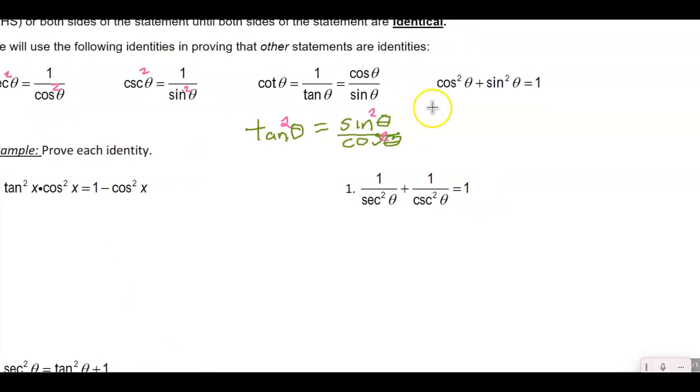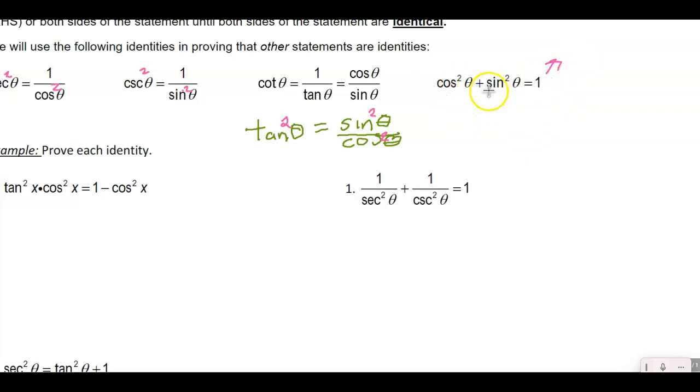We have this, remember, Pythagorean theorem of trig, a squared plus b squared equals c squared from 7th grade. We updated it in trig to cosine squared, which is the run, plus sine squared, which is the y, equals 1, which is the radius. Unit circle, that's why it's always equal to 1. Now there are 2 versions of this.